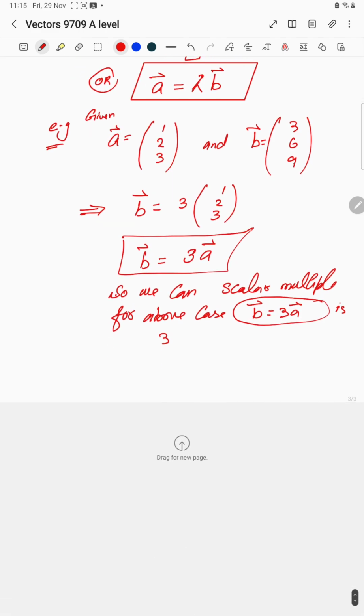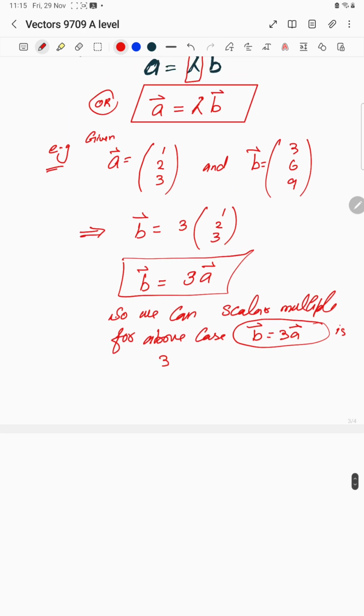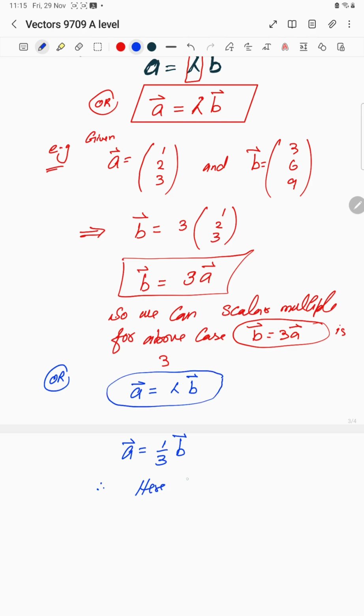But you can also write A in terms of B, as lambda B. Then you need to divide B by 3. So A is equal to 1/3 of B. Therefore for this case A is equal to lambda B, lambda is equal to 1/3.